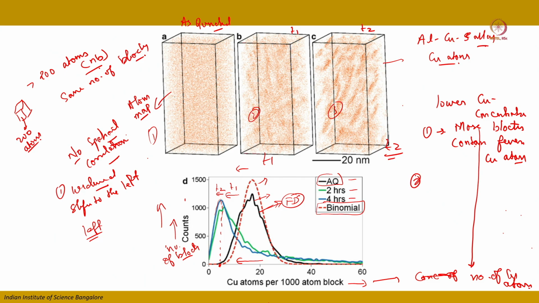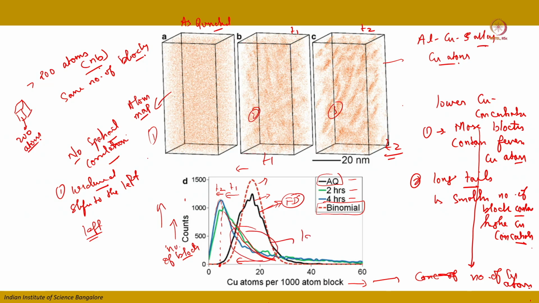And the second thing is, you can see that there is a long tail as compared to the as quenched sample or the binomial distribution. That long tail means that a smaller number of blocks contain high copper concentration. In these regions there is a large tail that shows that the copper concentration is higher.